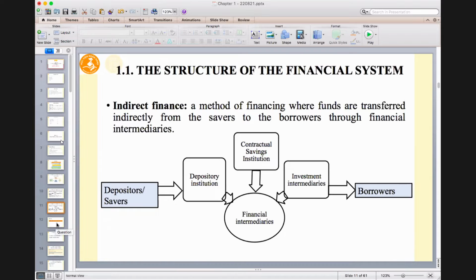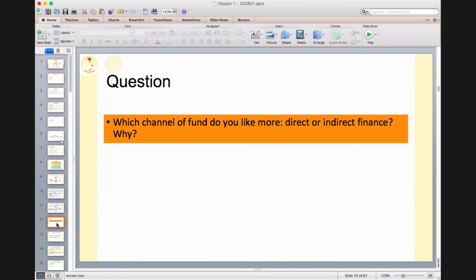And I have a question for you. Now, all of you here, you understand direct finance and indirect finance, right? So can you tell me which genre of fund you like more, direct or indirect finance, and why?